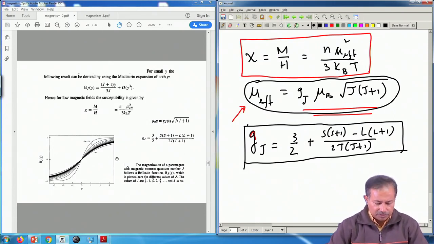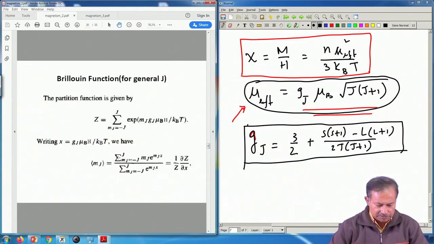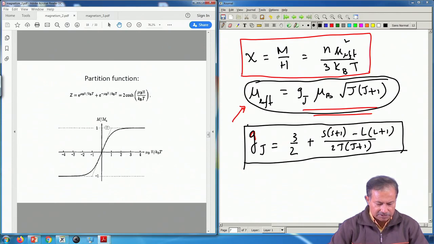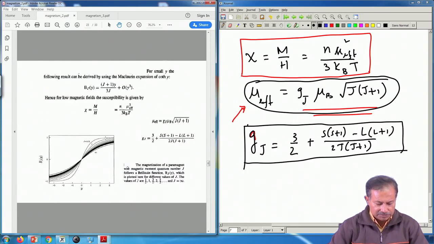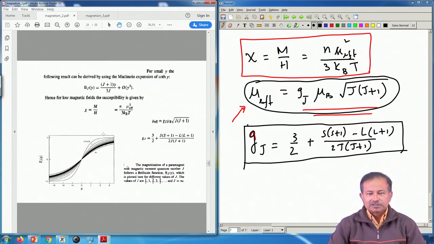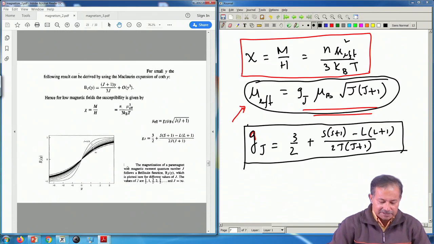Now what is important is this picture. Remember this picture of M by M_s that we got. That was a tanh kind of picture. Look at B_J of y, that also looks somewhat like the same picture. It has to be, because after all, at J equal to half, it has to go back to that picture.